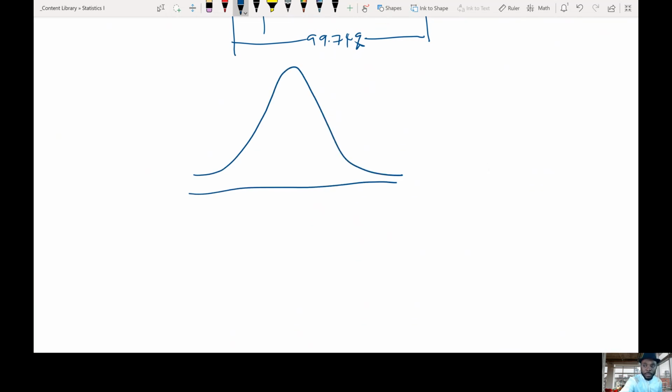So let's say I drew another curve here, and this point is x1, and this point is x2. This area is the probability that x1 is less than x is less than x2.